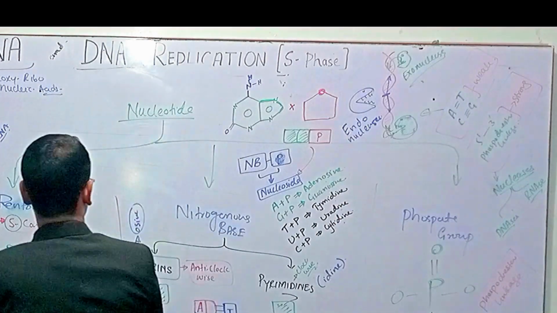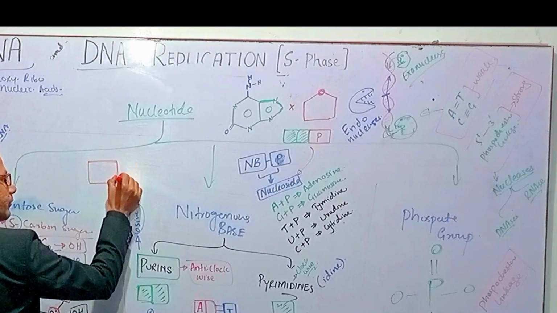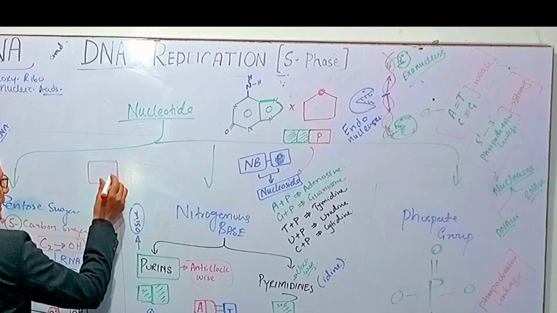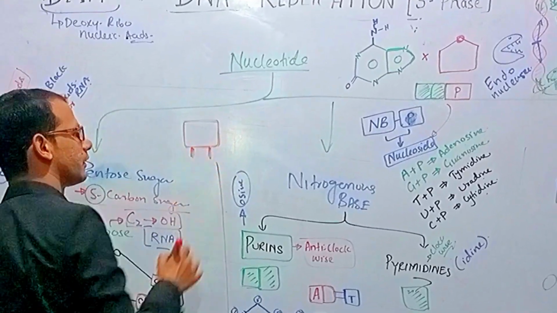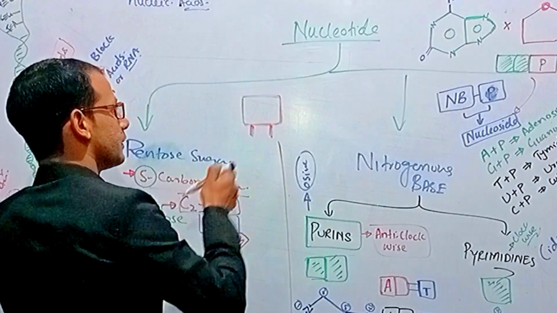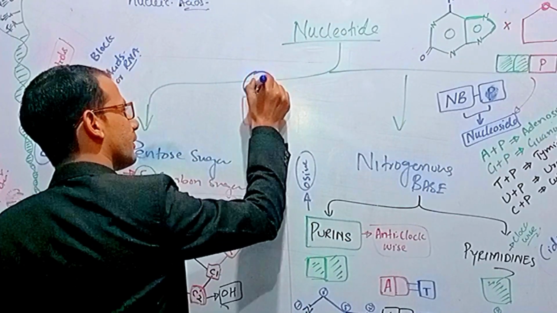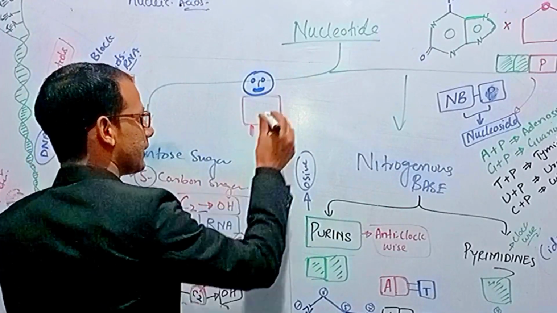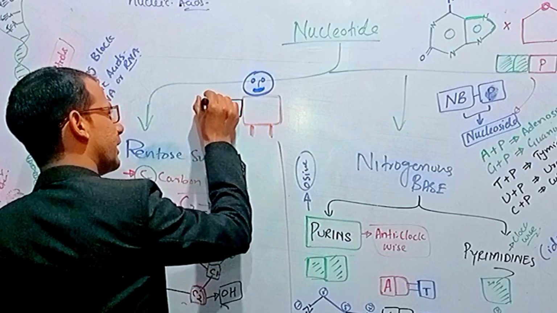Generally, for example, this is the nucleoside, and this is the pentose, this is the phosphate group, and this is the nitrogenous base.